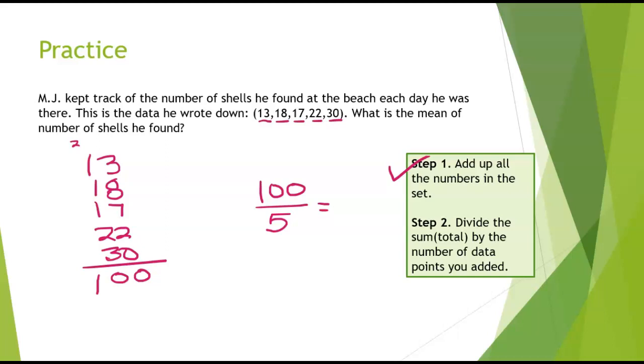Put that in your calculator. 20. I get 20. He found an average of 20 shells. That's his mean. The mean equals 20. All right?